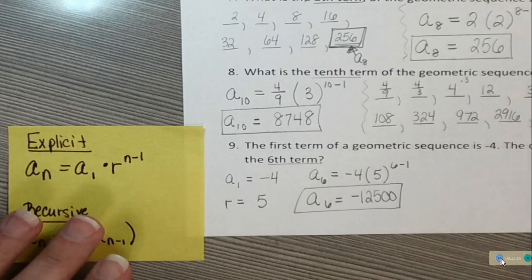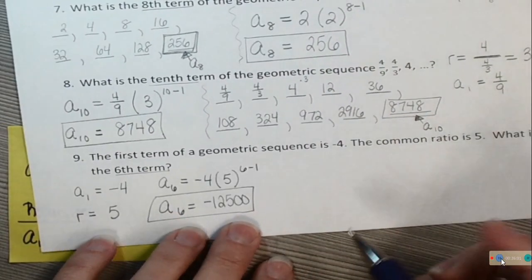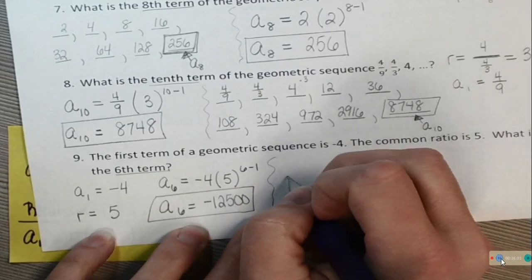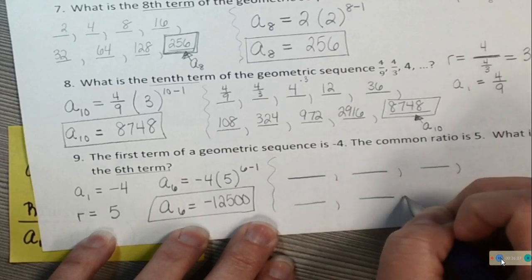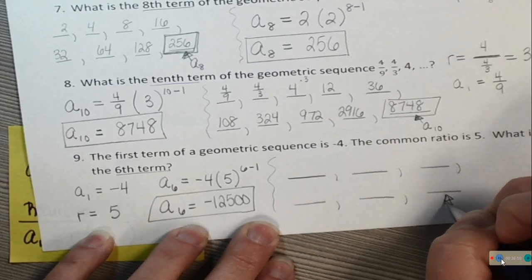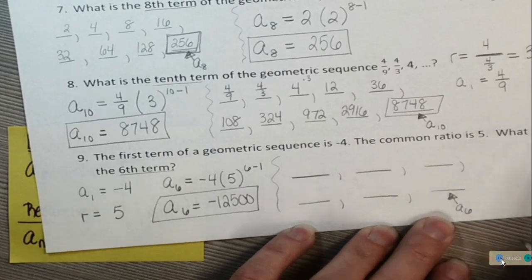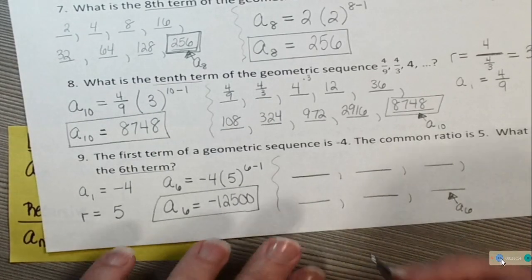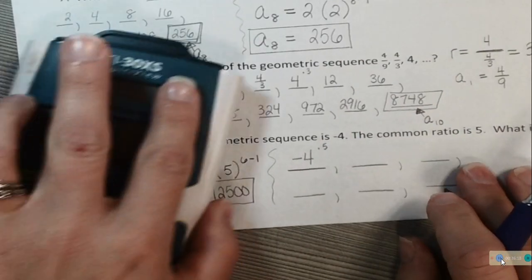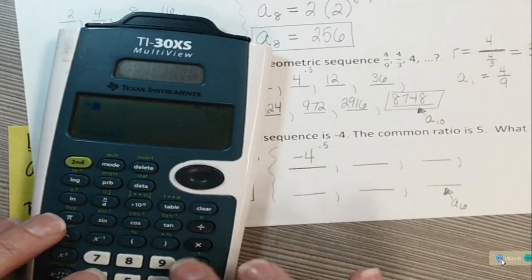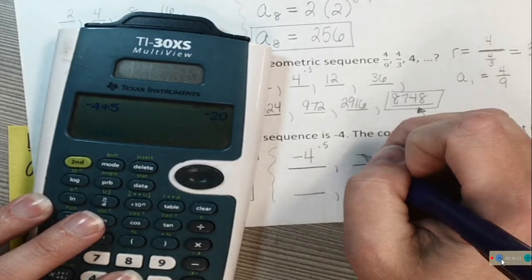Now, you may have preferred to do this explicit or recursively. I keep saying it backwards. You need 6 blanks. 1, 2, 3, 4, 5, 6. When you get this sixth term, that's your answer. Your first term was -4. You're going to times that by 5. So, -4 times 5 gave me -20.